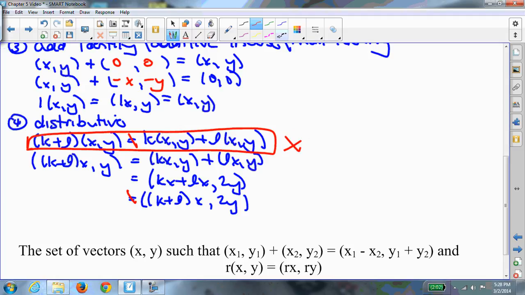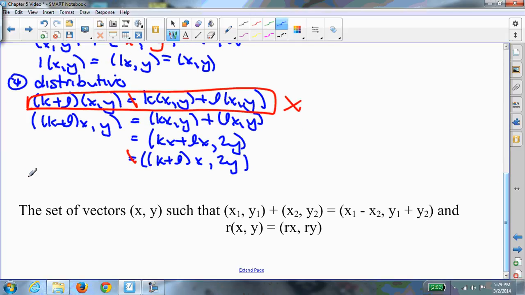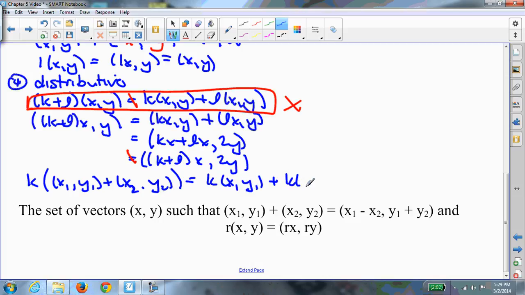Looking at the other distributive property, that is if I were to distribute the vector. So k times (x1 comma y1 plus x2 comma y2) should equal k times (x1 comma y1) plus k times (x2 comma y2).